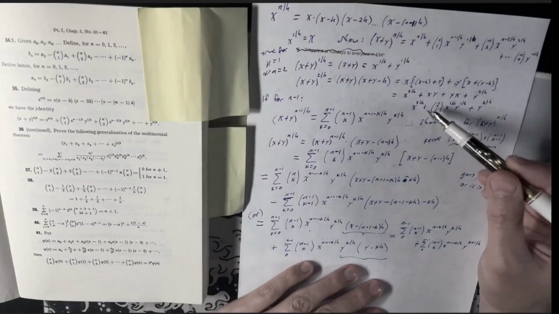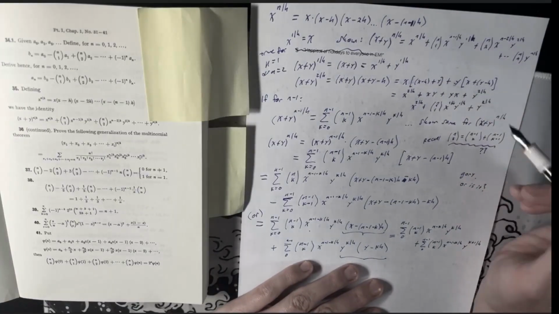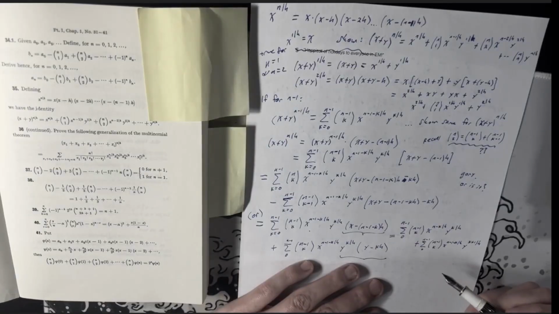Now that's kind of like this grouping that I saw in the easy case, right? In the case of going from 1 to 2.